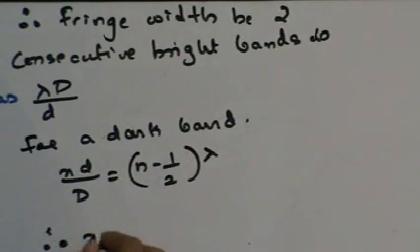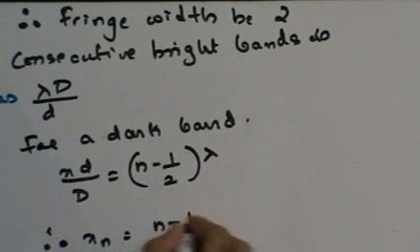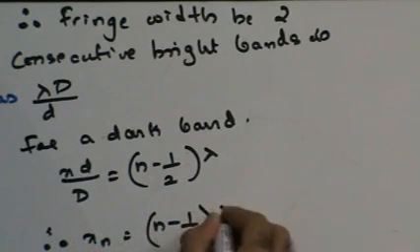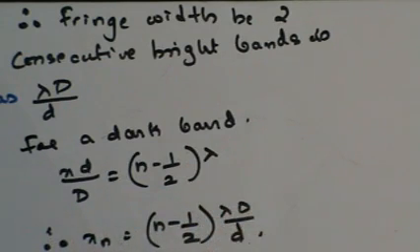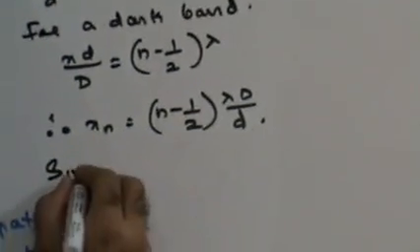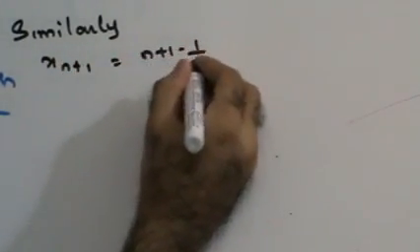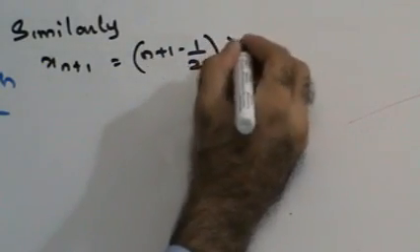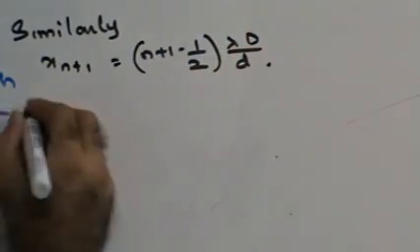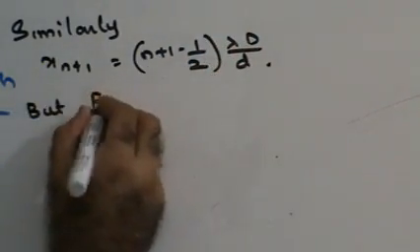Therefore, I can say x n is equal to n minus 1 by 2 lambda d by d. Similarly, x n plus 1 is n plus 1 minus 1 by 2 lambda d by d.